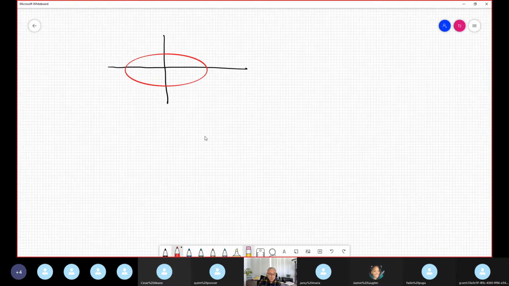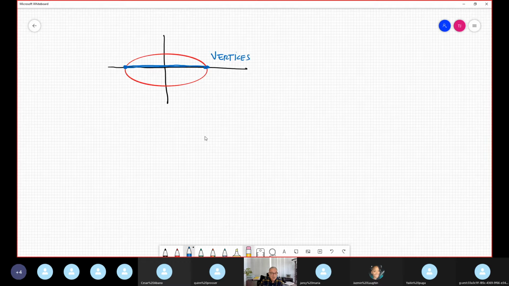Okay, this is my major axis. In this case it is horizontal. This is the major axis, and the endpoint of the major axis is called a vertex.